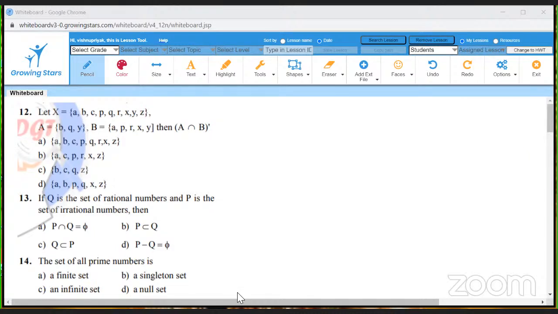So Lohit got A as the answer for question number 12. Almost all are getting A as the answer.